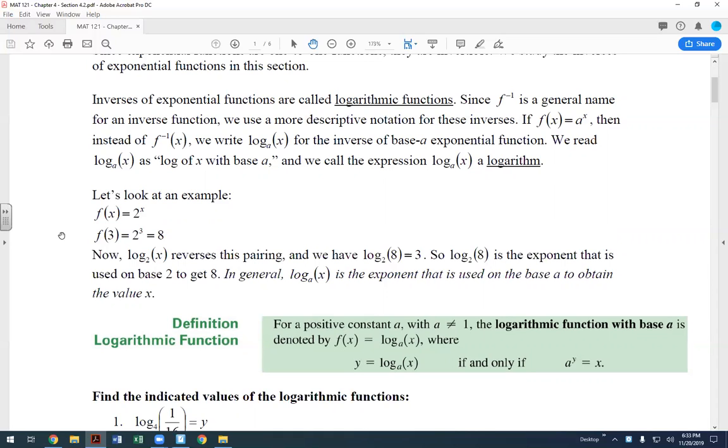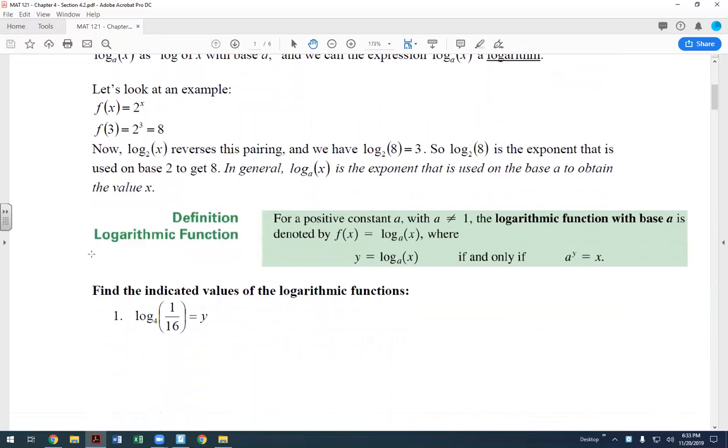So when we set up this logarithm, you're asking yourself the question, 2 raised to what power will give me 8? And that answer is going to be 3. So a logarithm is always going to give you the exponent. As they're telling you here, the log is the exponent for that base.